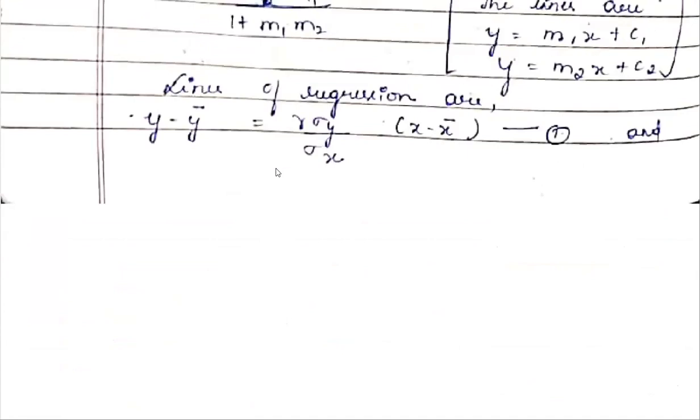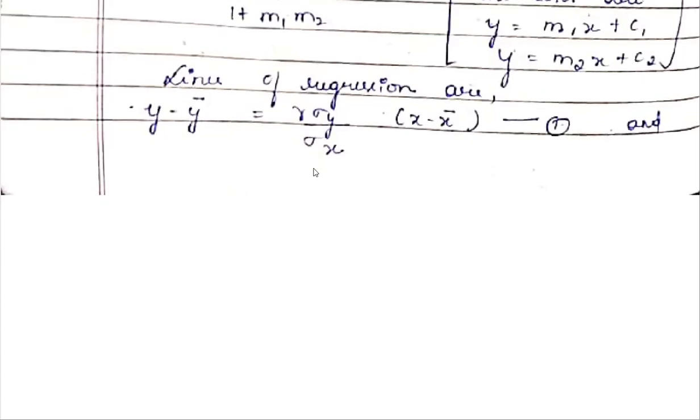What you can conclude is that this represents m1, because it is like y is equal to mx plus c. The coefficient of x is always the slope in your line equation. So what is the coefficient of x here? It is r sigma y by sigma x. That represents m1, the first slope.